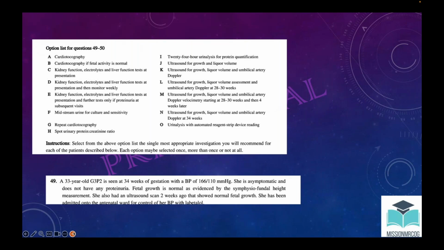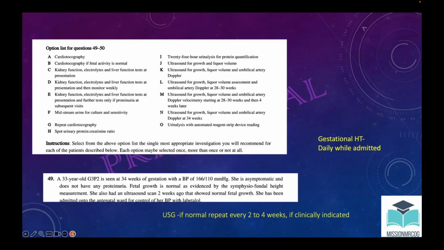So what will be the plan? Basically, it is difficult to find. It is gestational hypertension.